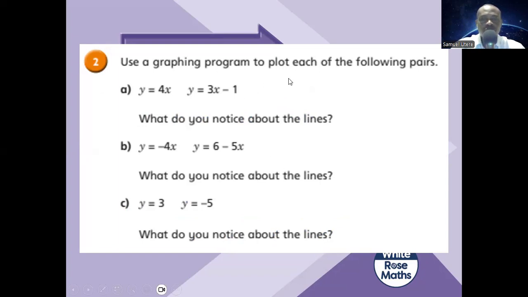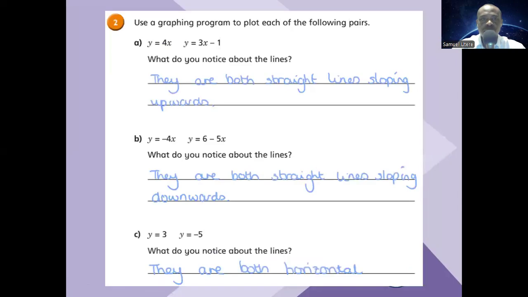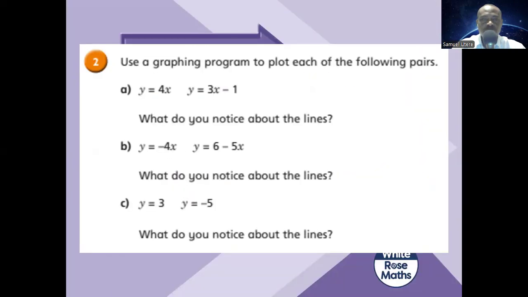Let's see what happens. You go to the program and type, we want to plot y equals 4x and y equals 3x minus 1. We can plot both on the same graph at the same time. So let's stop sharing and get back to our Desmos program.